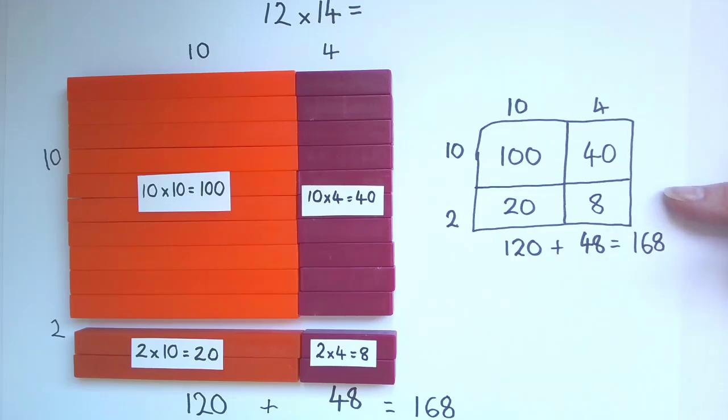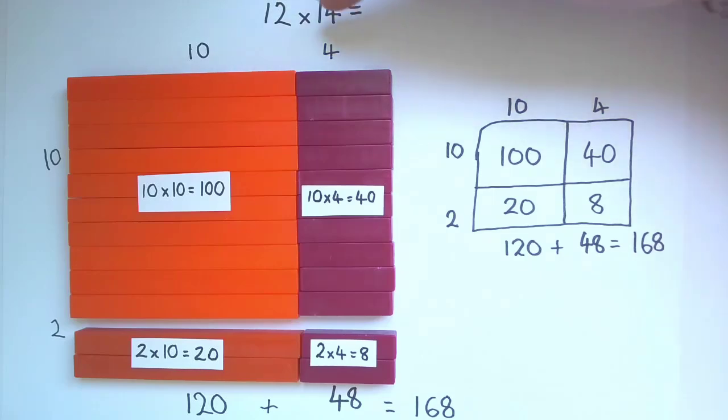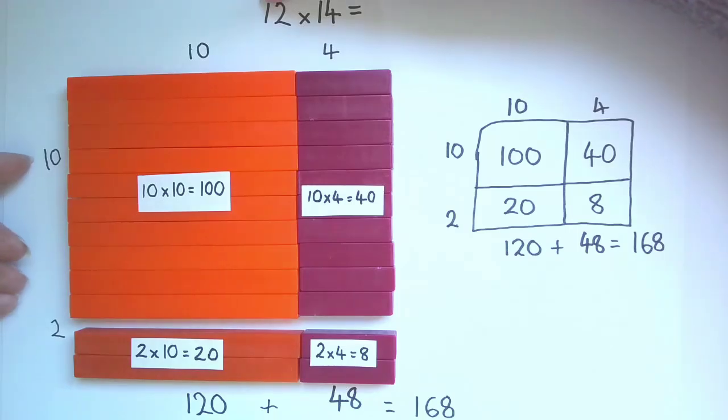So that's what's happening when we multiply a two-digit number by another two-digit number. Each digit has to multiply each other digit. So the tens digit in 12 has to multiply the tens digit in the 14 and the ones digit in the 14.